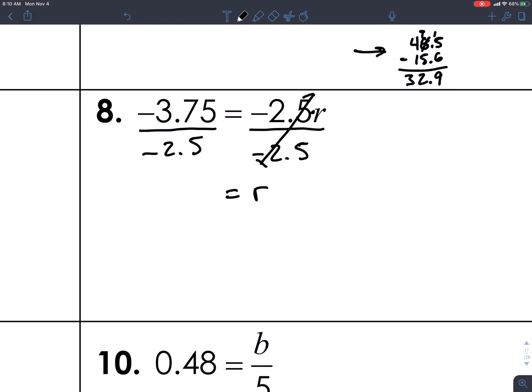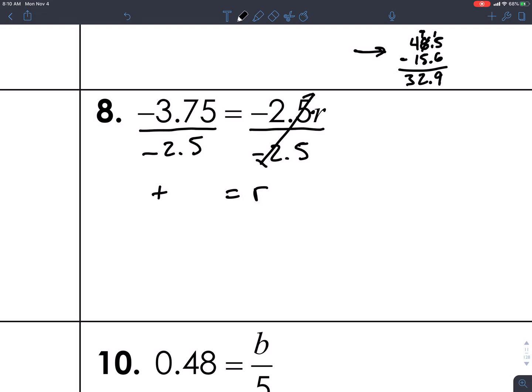That's why we don't have to write it. Okay, we're making things simpler on ourselves. There's 1r. 1r has the value of whatever this is on the right. Now, what you may need to do is do negative 3.75 divided by negative 2.5. Let's make our life a little bit simpler to start with. A negative divided by a negative is a positive.